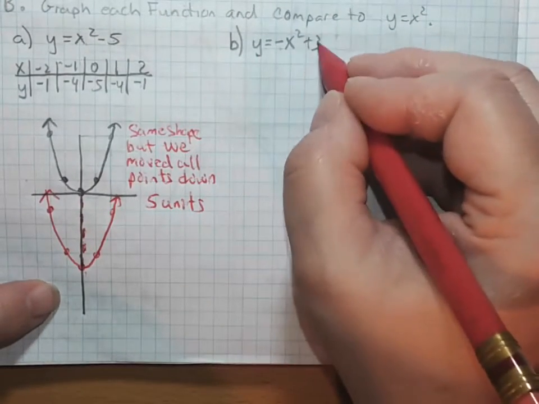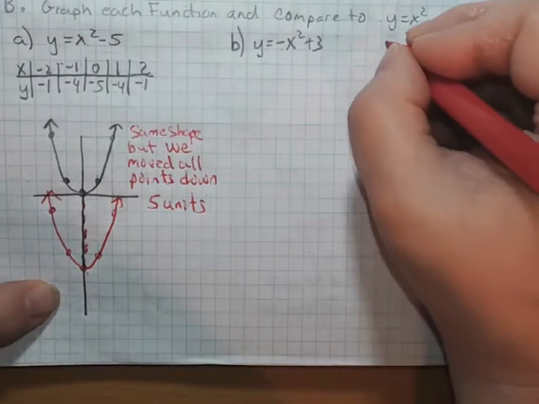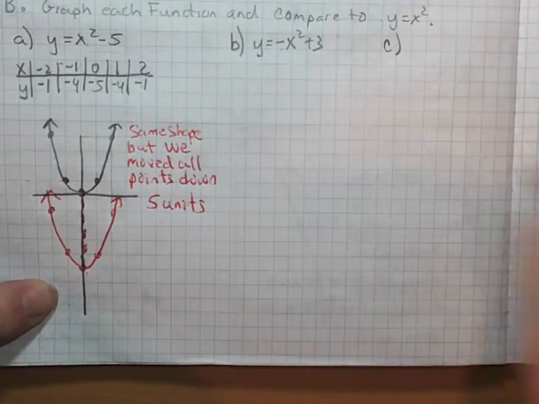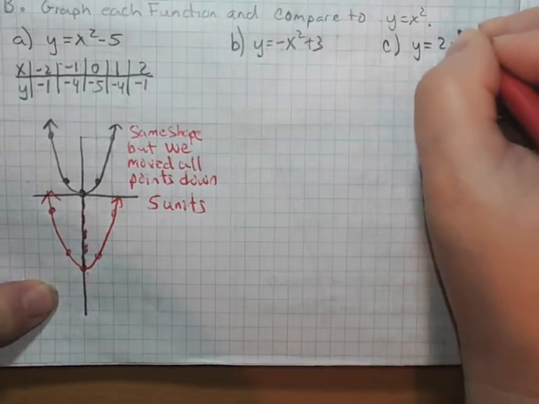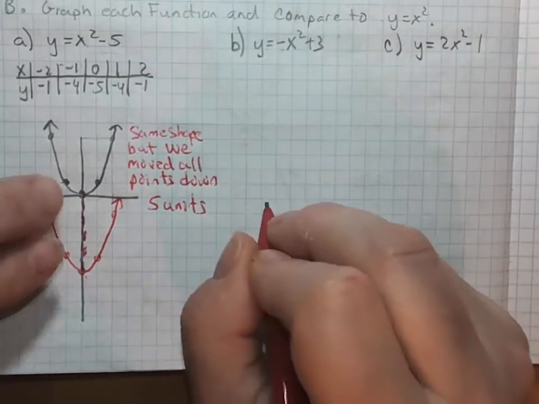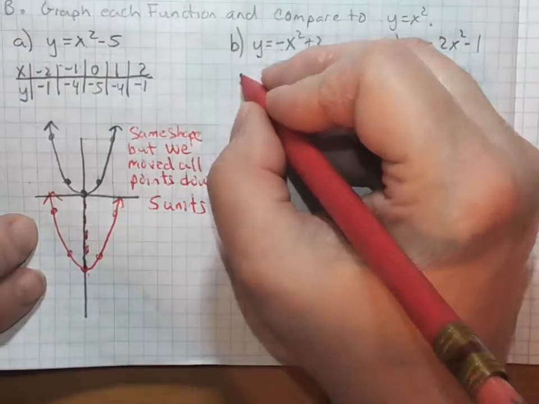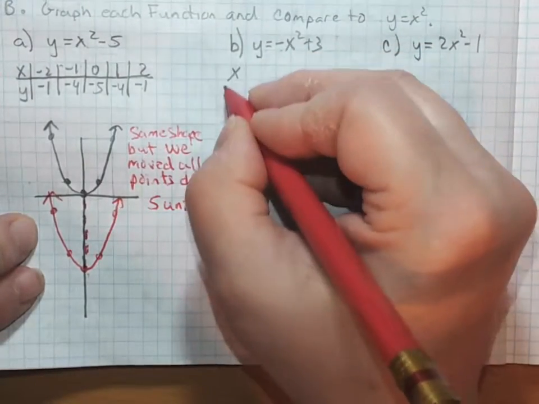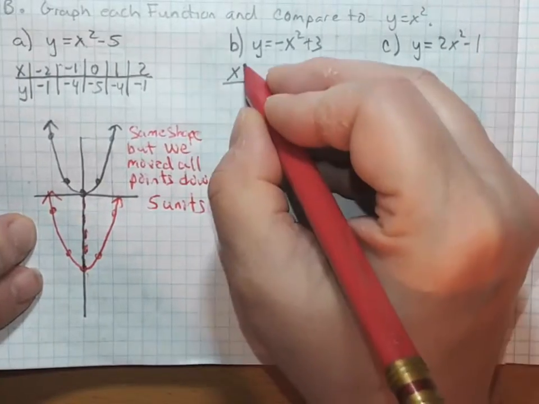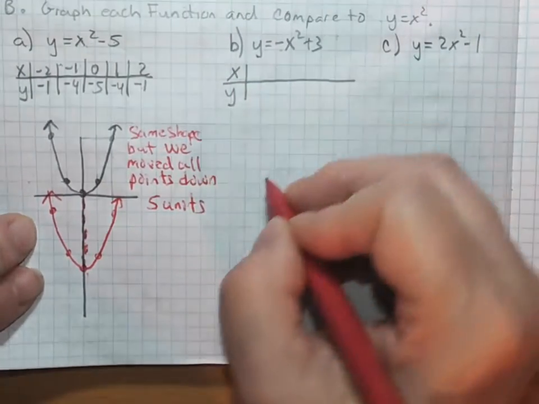What do you think will happen with the plus 3? And then the last graph we're going to do is y equals 2x squared minus 1. And for each one, I am going to build a table just to get good practice with figuring out how to get those points, because I don't know that you are ready to just graph this freestyle.